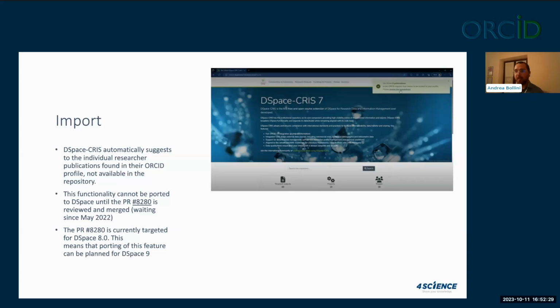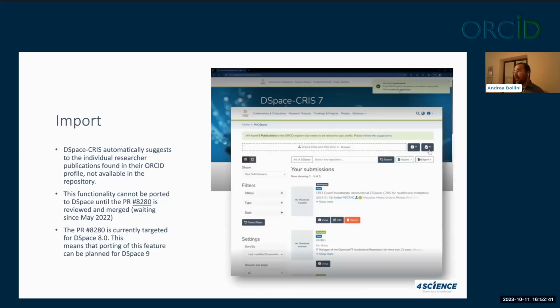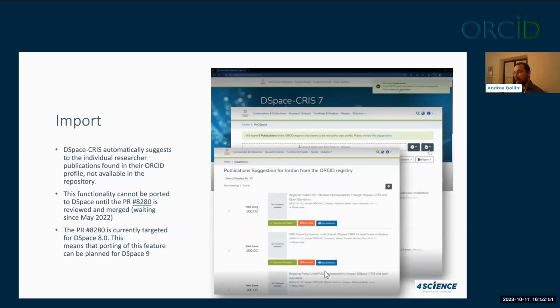So we hope that having this blocking pull request merged in DSpace 8 will allow us to donate this advanced import feature for DSpace 9. And this is how the suggestions that we found on the ORCID side are presented to the user and can eventually be transformed on the DSpace side.